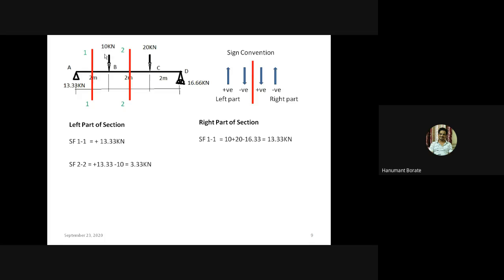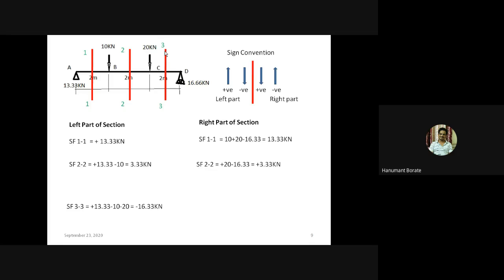One is upward, one is downward, right? Apply the sign convention. So this 13.33 is positive, and 10 is negative because it is acting in the downward direction. So shear force at section 2 is 3.33. If we consider the right part of the beam, we'll get the same answer.